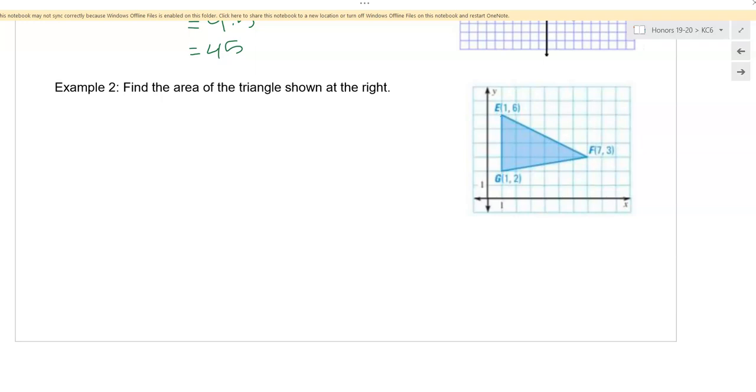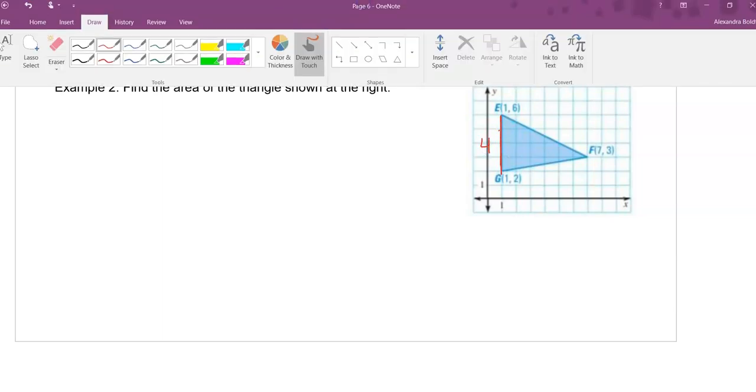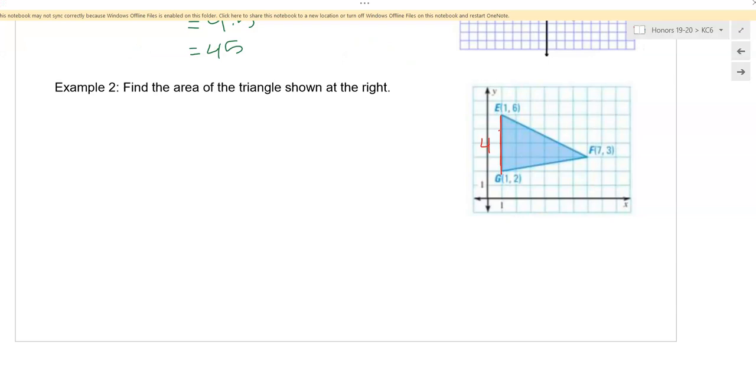So this is going to be my first line I'm going to use. We'll call that our base. And then our height is going to be the other point straight across. No diagonals, no nothing. Just straight across. These definitely meet at a right angle then, because they follow the lines.